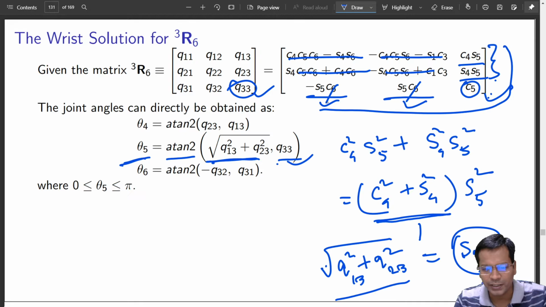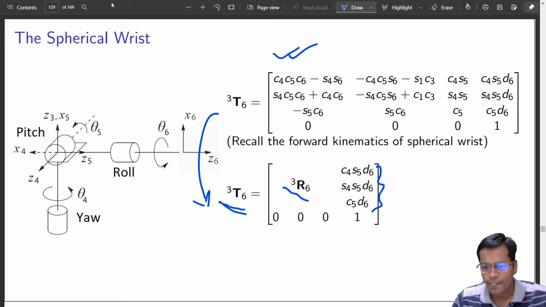What will remain is... I think I have made some mistake here in writing this. Just a sec. If you see it carefully, S5C6, S5C6, will simply get struck off. I have to use this probably.